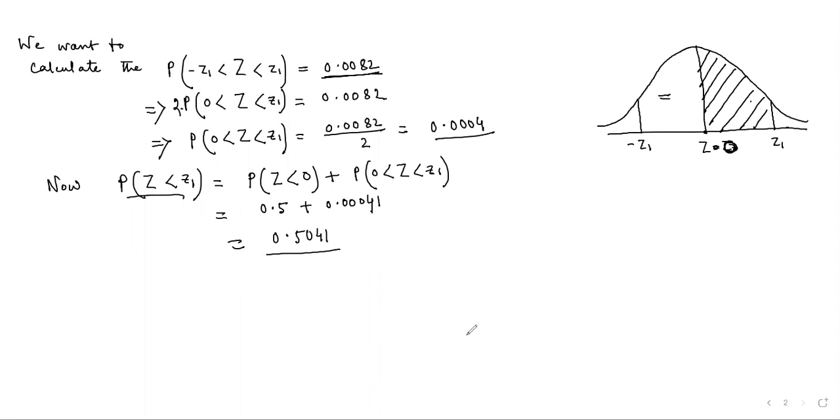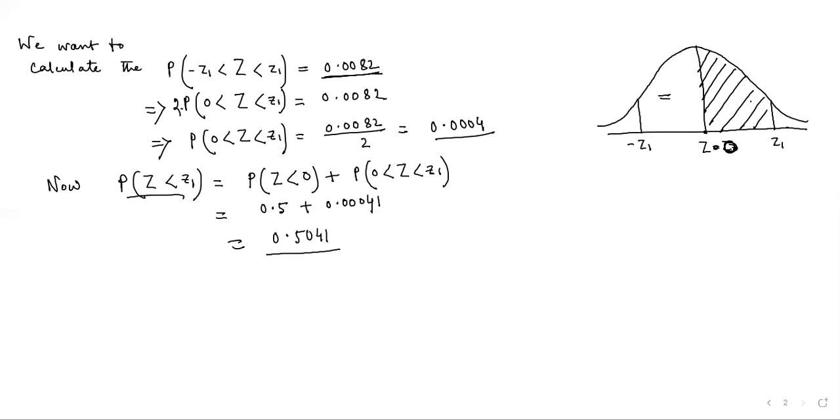Now you go to the normal table and try to locate the quantity 0.5041. I can see the normal table in class note 8. Exactly 0.5041 is not there. I am able to locate 0.5040, and the next point is 0.5080.